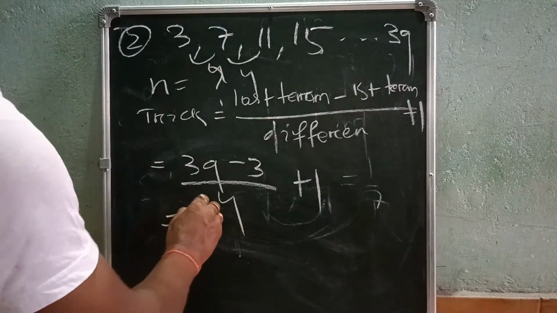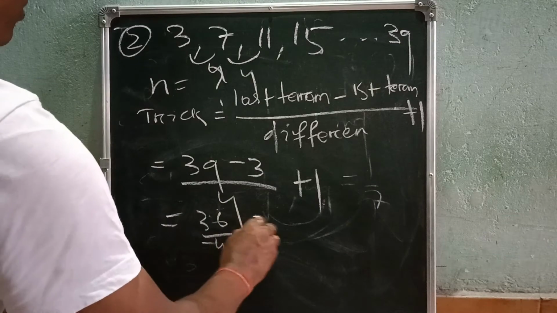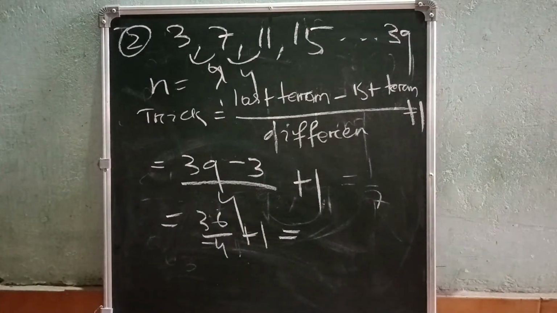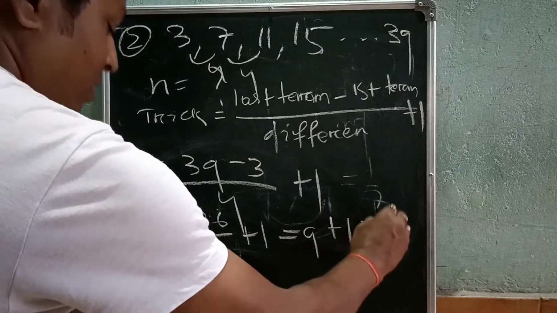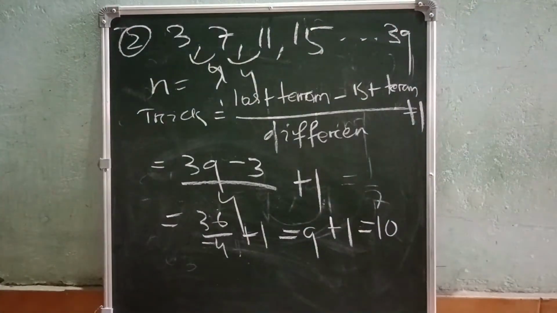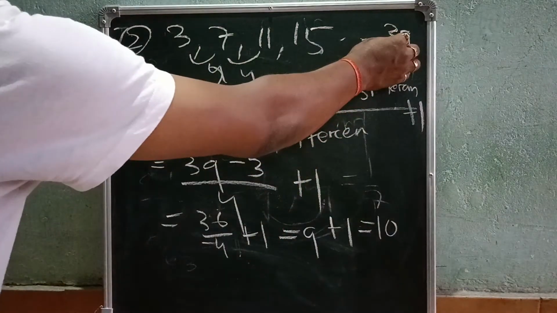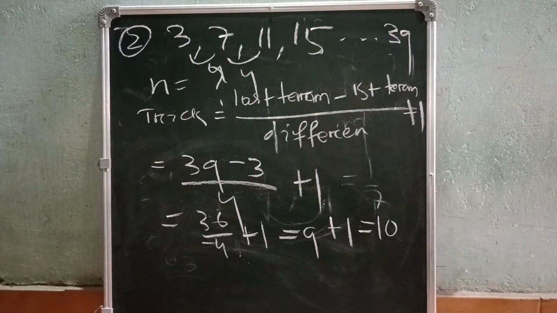So 39 minus 3 is 36, by 4, plus 1. That means 36 by 4 is 9, plus 1, that is equal to 10. So n is 10, the number of terms is equal to 10. That is the trick: last minus first by difference plus 1. This is the second question.